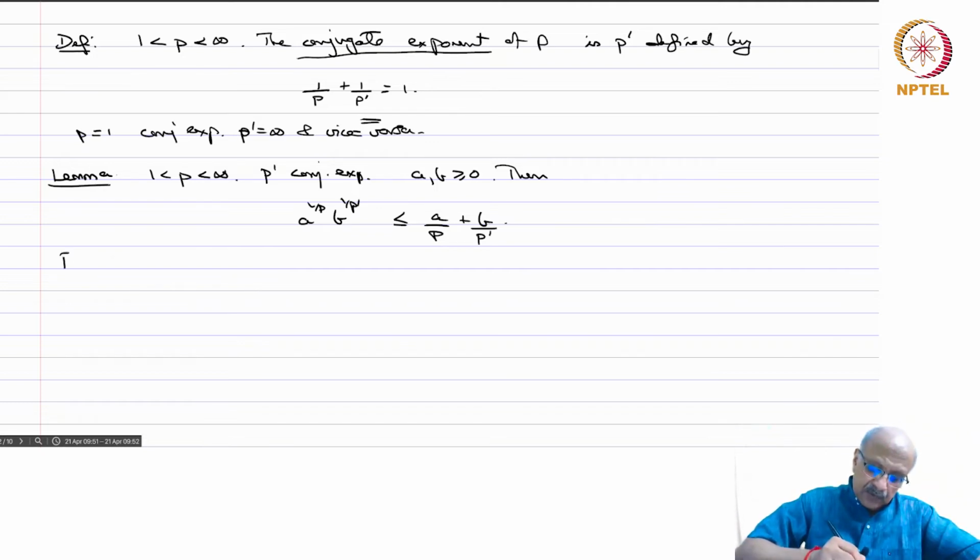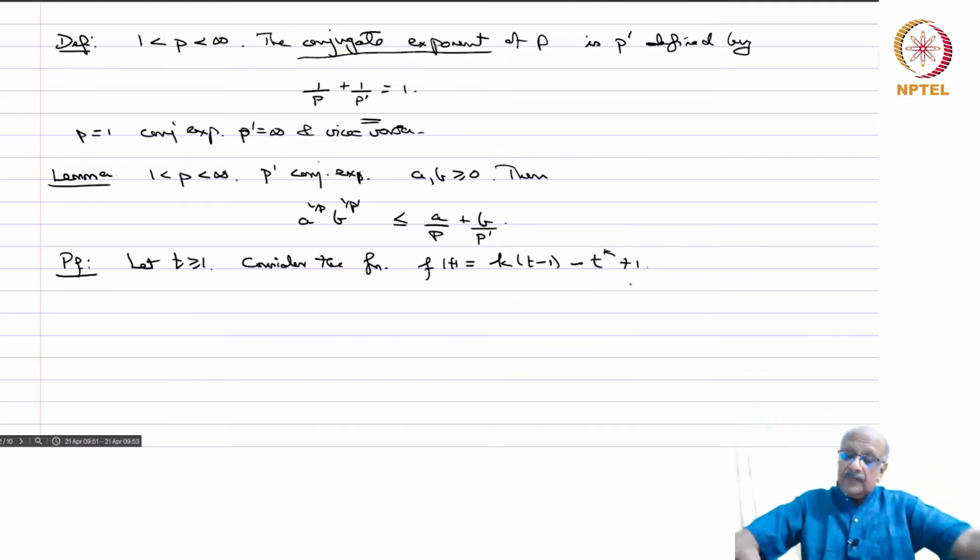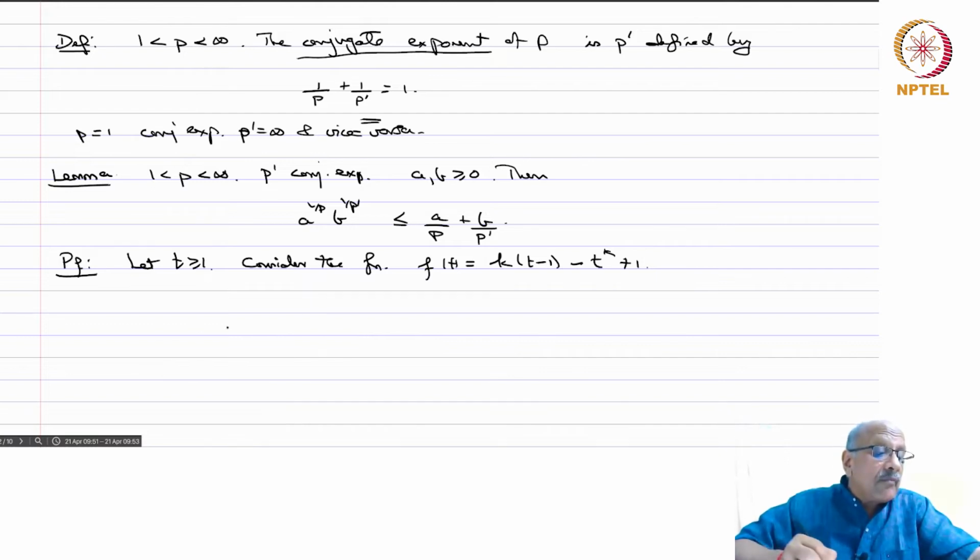Okay, so let us prove this general inequality, which is very useful in many ways. Let t be greater than or equal to 1. Consider the function f(t) equals k times (t minus 1) minus t power k plus 1, where k belongs to (0, 1).